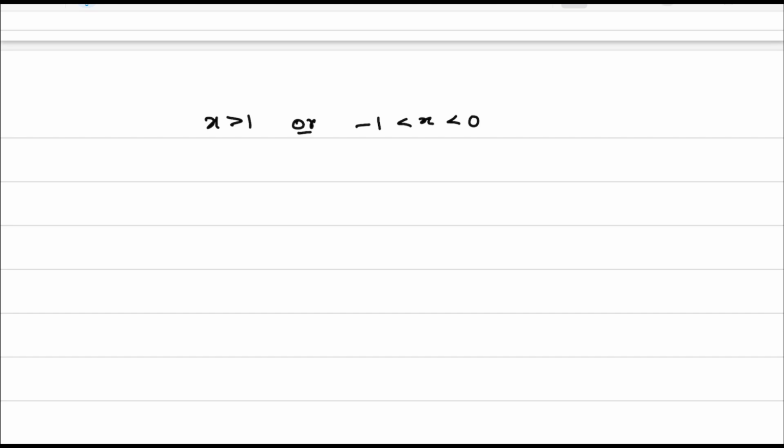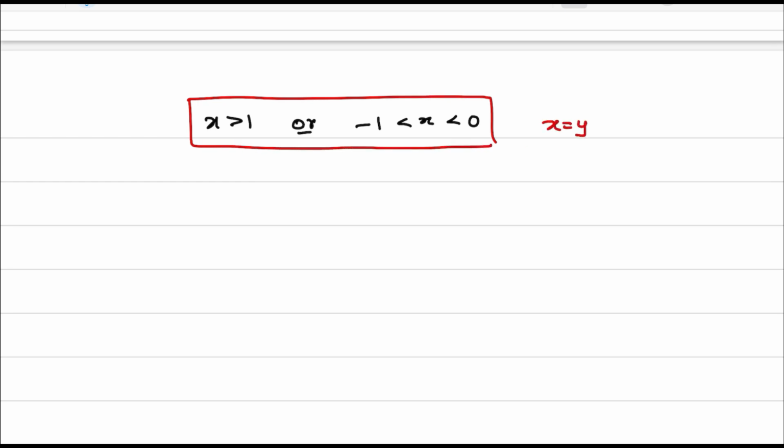This is the solution, provided x is equal to y. Other than this, there is no range, and x is equal to y should be the first condition.